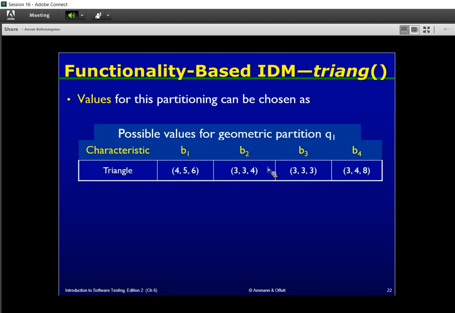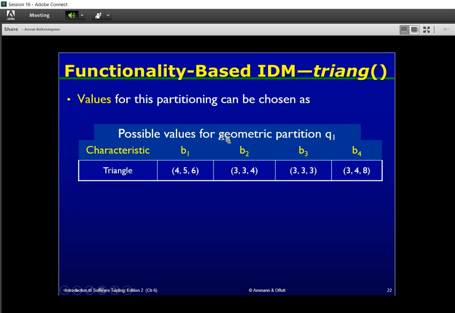This slide is about selecting values from each partition, from each block. It could be easily defined by boundary values, as I told, as a separate strategy in the previous slide, or any arbitrary value from each block could be selected.